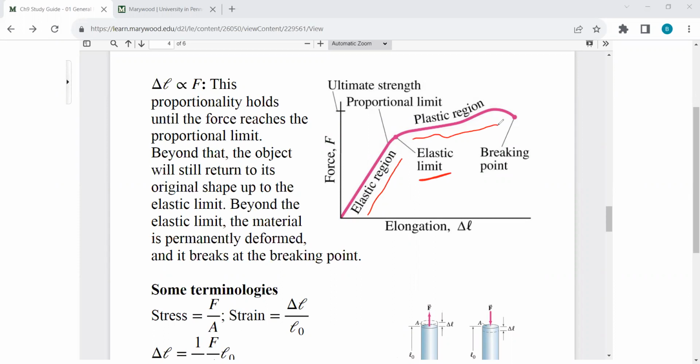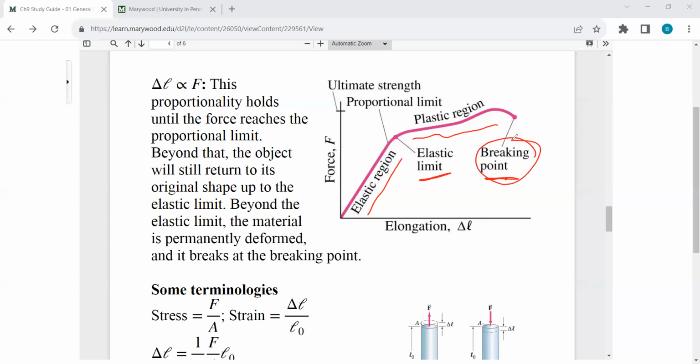In the plastic region, you apply force, it extends, but when you remove the force, it will not go back to its original equilibrium position. It behaves like a plastic. And if you keep adding force, at some point the object breaks, and we call it the breaking point. This breaking point is related to fracture, which we are going to learn next.